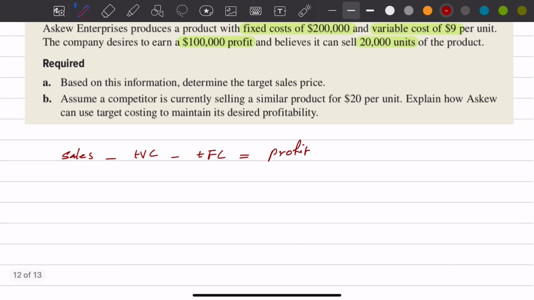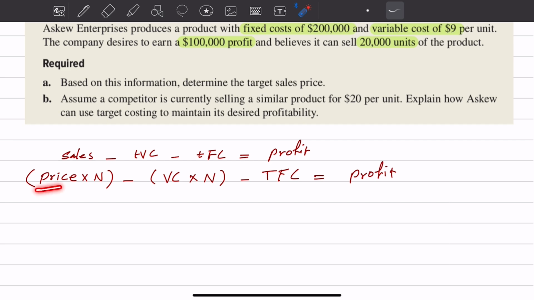And we typically break down the sales term into price multiplied by the quantity, which is N, minus variable cost per unit multiplied by the quantity, which is N, minus the total fixed cost, and that should equal the profits.